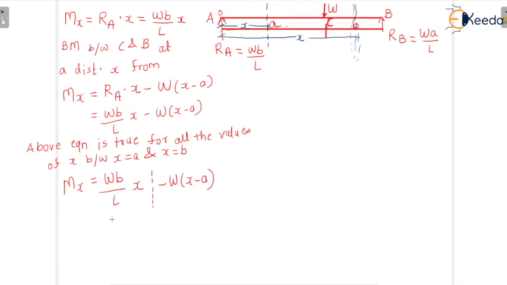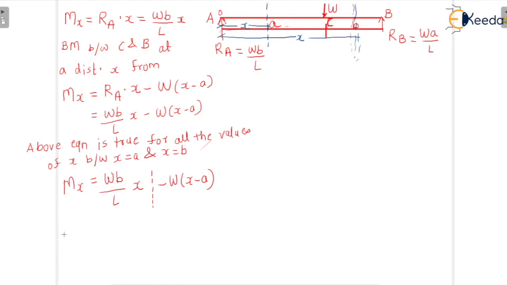This dotted line shows that for any point between A and C, the first part of the equation holds true, and for any point between C and B we have to add the other part of the equation. So when we need a calculation for the AC part, use only half of the equation. I hope this is clear.